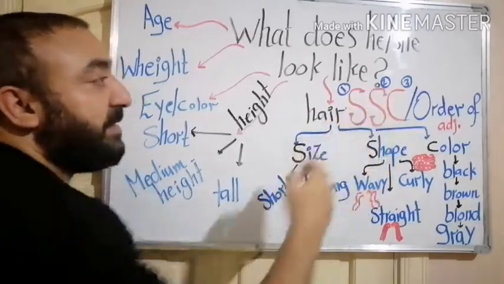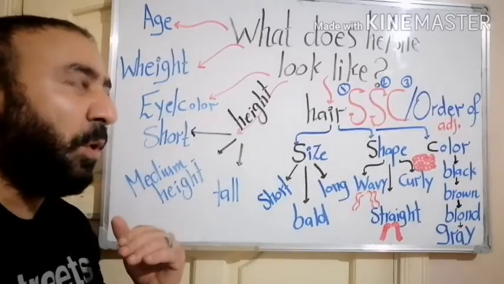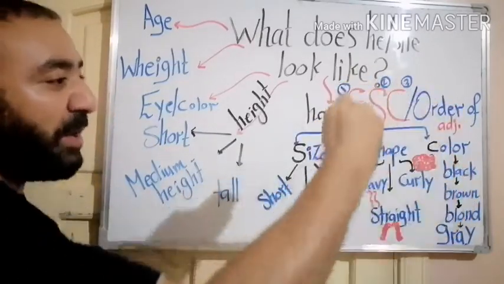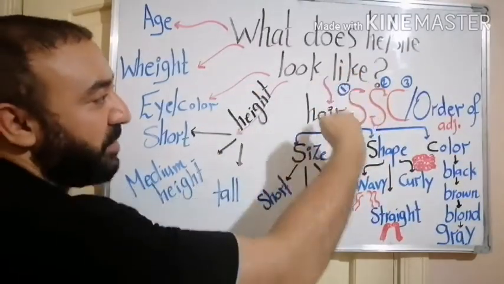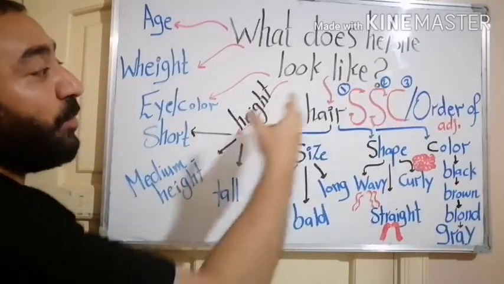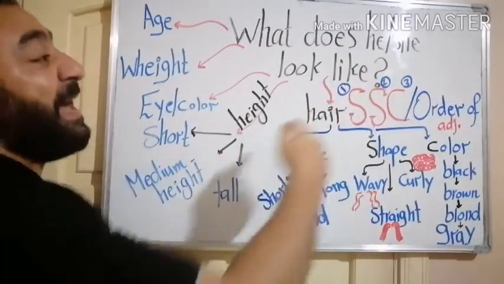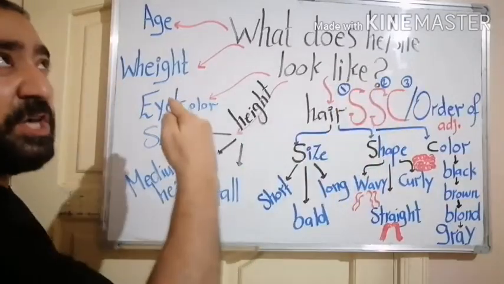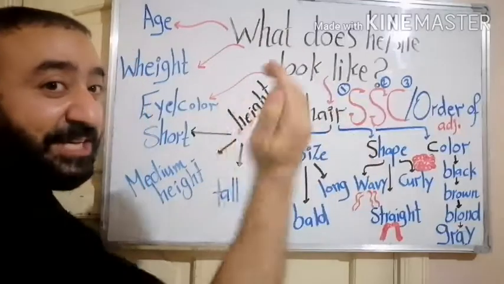Now, these three letters describe the order of the adjectives. What does it mean, order? What comes first? What comes next? What comes at last? So here, this is the first thing we have to put when we want to describe someone's hair. Then after that, we have shape, and finally we have color. So, size, shape, color.